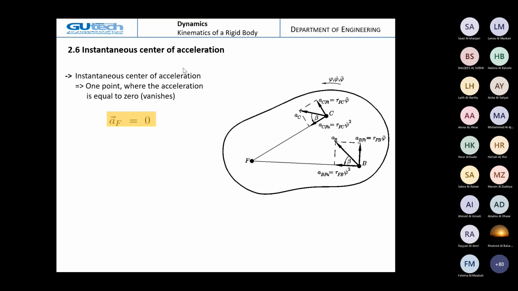Here, the difference is that we make an angle beta, okay, drawn from the line direction of the acceleration of the point AC.